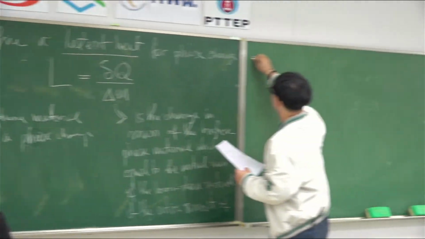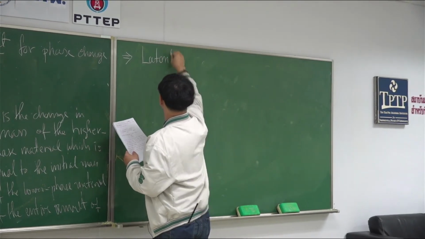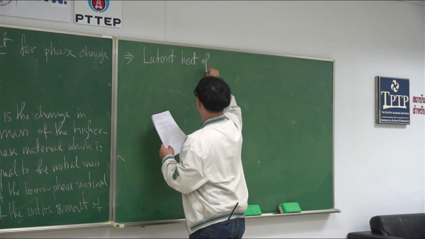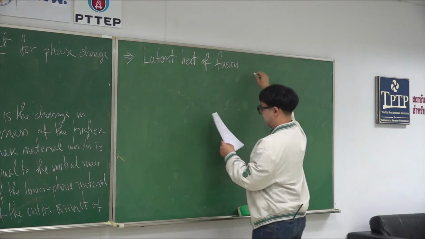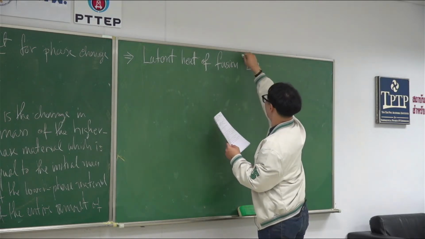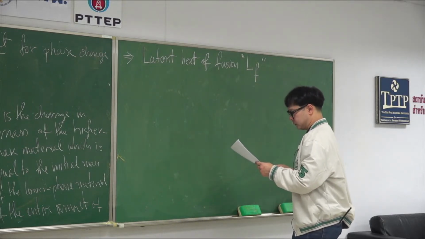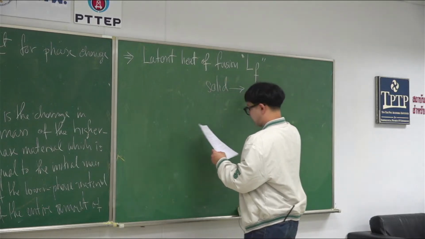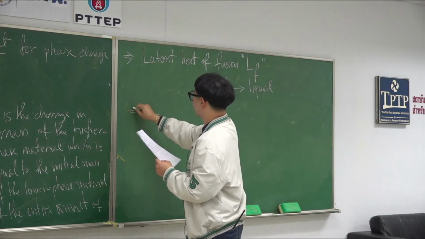Okay, so now we have latent heat of fusion, which is labeled by this symbol, which is used for solid to liquid. Right.